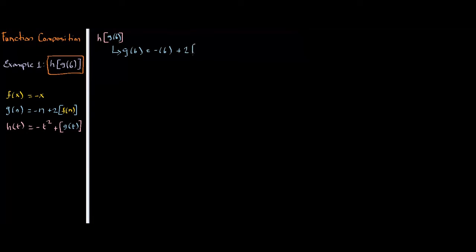plus 2 times. And now here comes the first thing. We have to substitute within a substitution here. We have to answer the question, what is f of 6? I'm going to do it in here. So f of 6 is equal to negative 6 here.